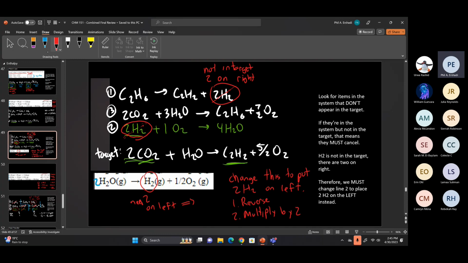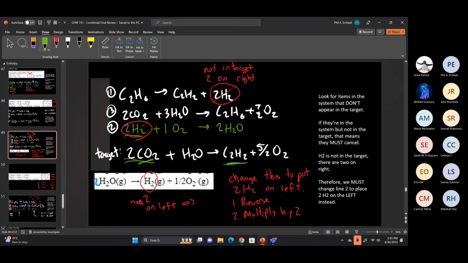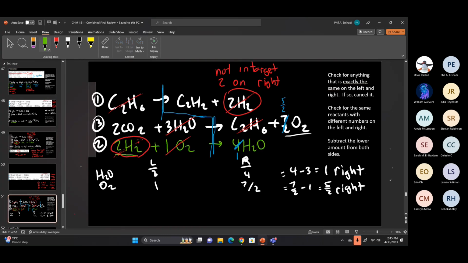Oh, yeah, that was 2H2O, not 4H2O. So I actually wrote this down wrong. This should have been 2H2O. And so that typo might have messed a few things up here.